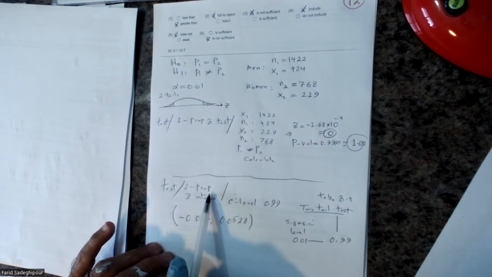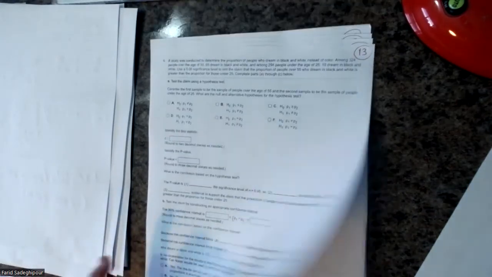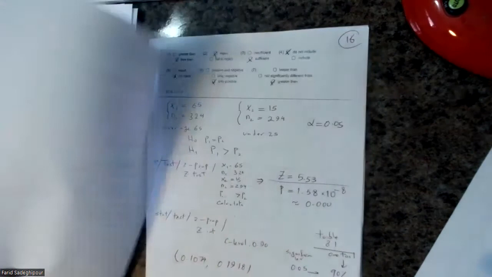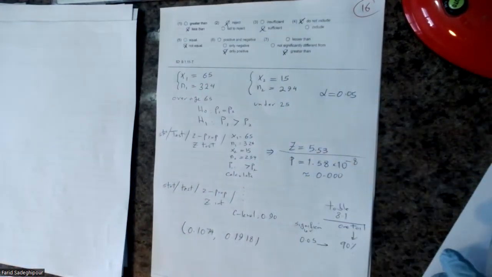And they ask for the interval. So they all apply the same formula. See, they all are applying the same format. And this one, the solution is at the bottom. So that would be the end of section 9.1.